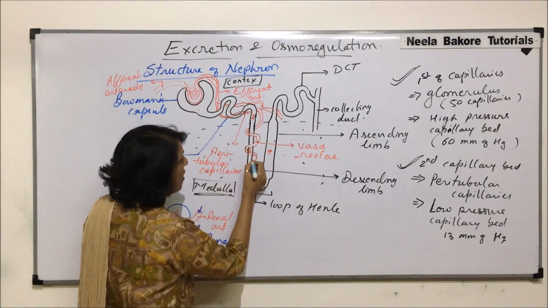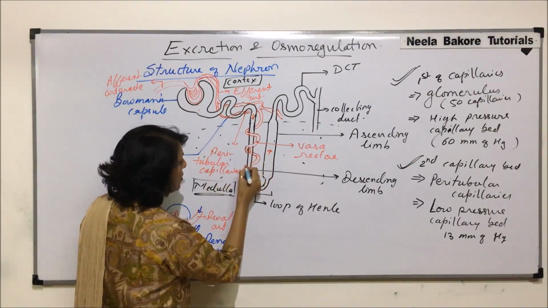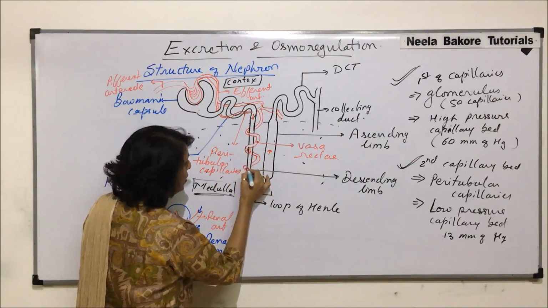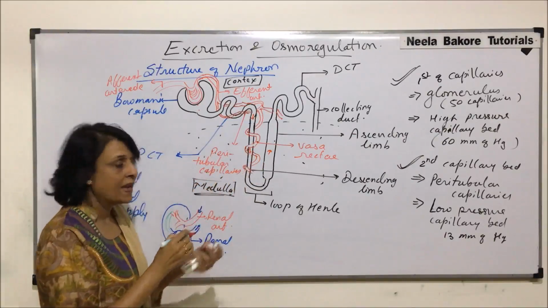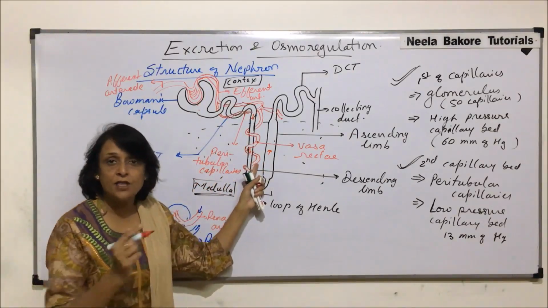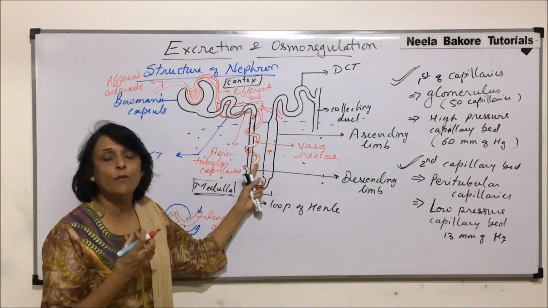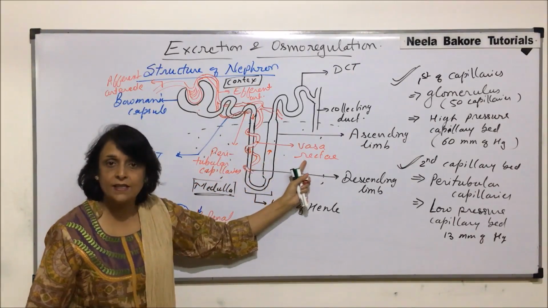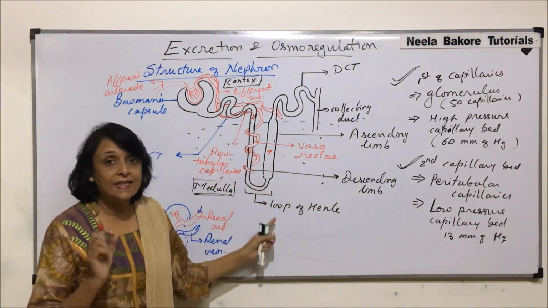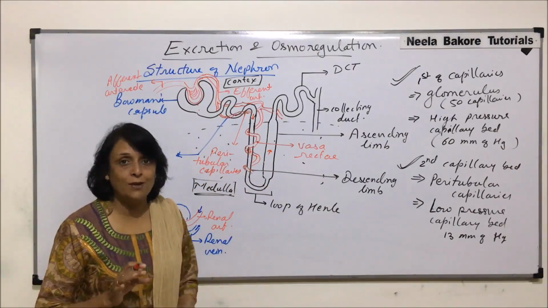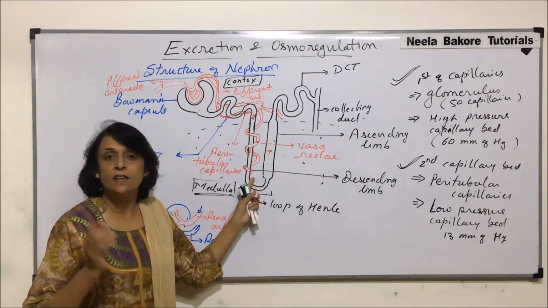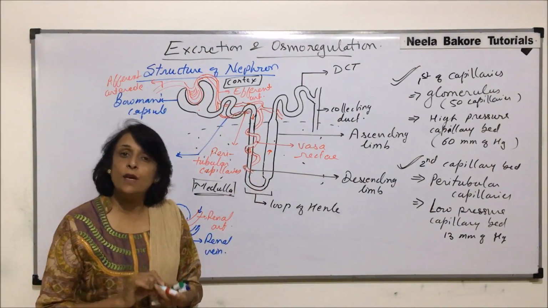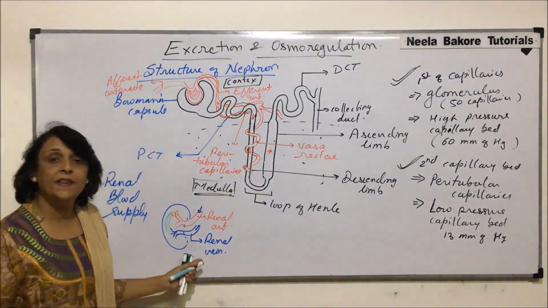So here we have drawn some tubes which are going around the loop of Henle, and they are making loops around it. This part which is coiling around the loop of Henle is known as vasa recti, and that is seen in the case of juxtamedullary nephrons. And finally, these vasa recti capillaries would rejoin to finally form the renal vein.